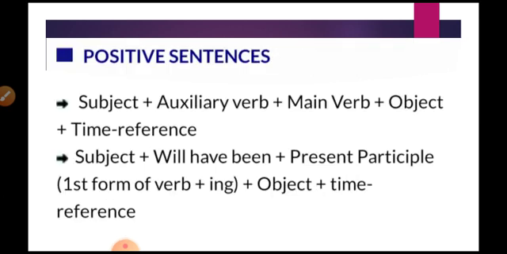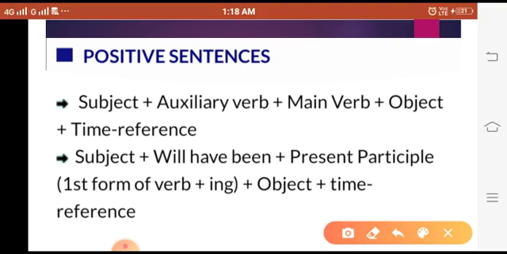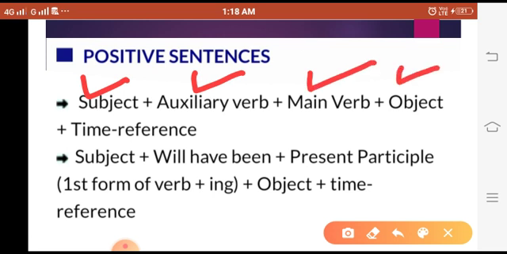Now let's discuss how positive sentences are formed in future perfect continuous tense. For that, first subject, then auxiliary verb, then main verb, then object, and then time reference with for or since.